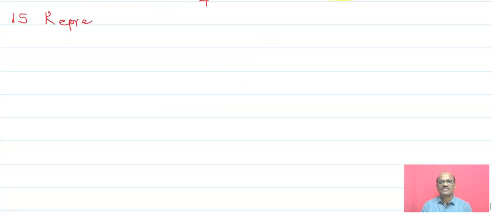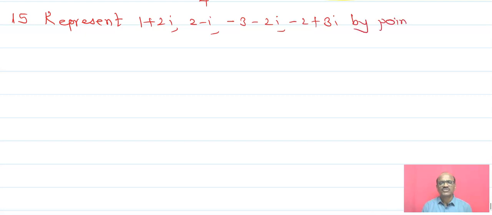Now next is: represent 1 plus 2i, 2 minus i, minus 3 minus 2i, minus 2 plus 3i by the points in the Argand diagram.